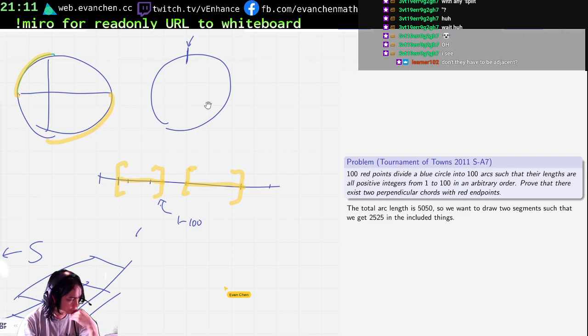Don't they have to be adjacent? I don't think so. Two perpendicular chords means two chords that intersect at a right angle, but I don't think the intersection is promised to be itself a red point.